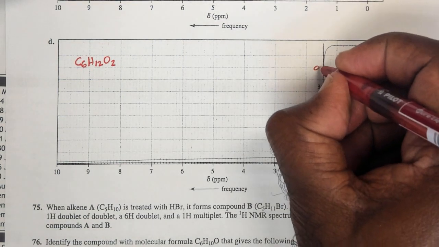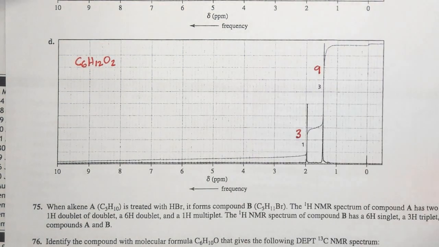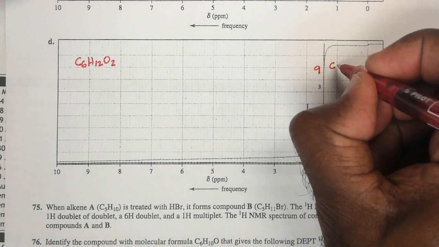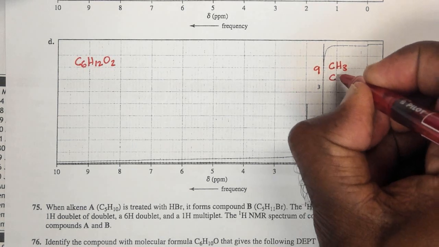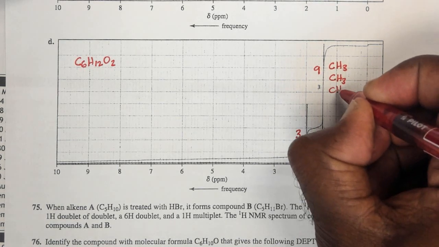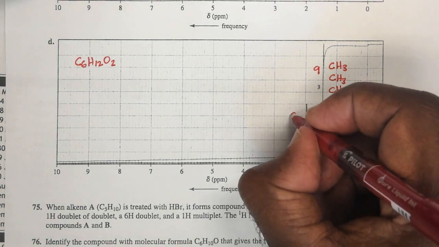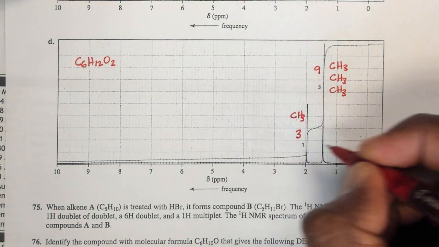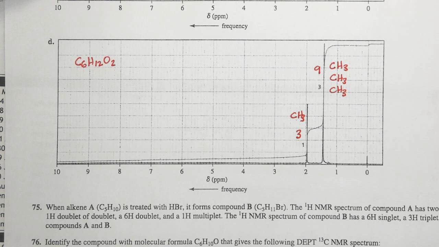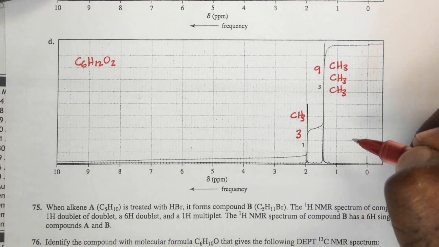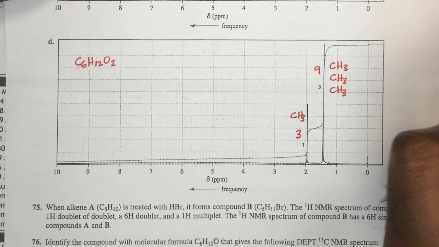So if I have 9 is to 3, because remember these are relative values, that would mean 3 CH3s, 3, 6, 9, and 1 CH3 here. If I look at this structure, both are singlets. So each of these CH3 groups is not next to a protonated carbon.